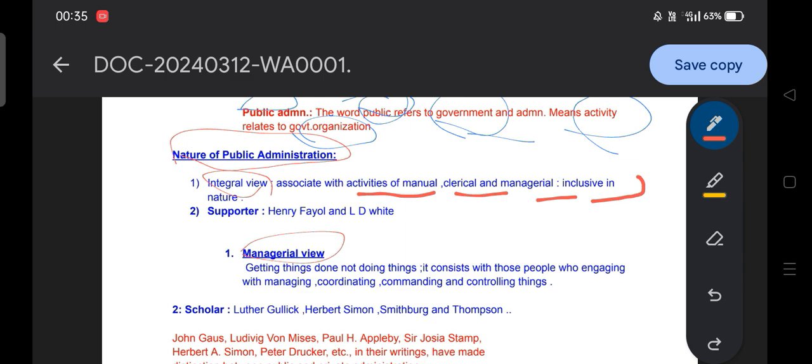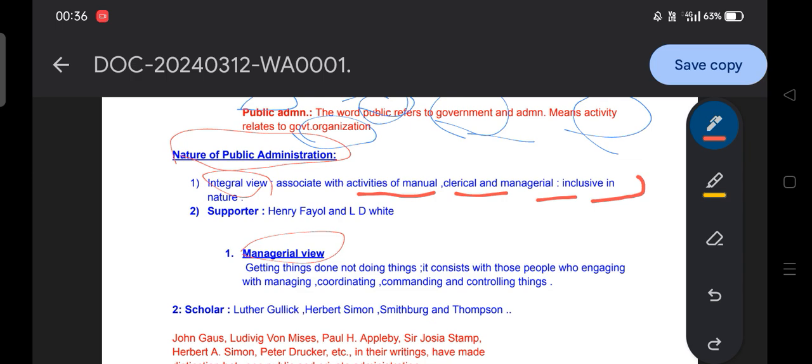An integral view of public administration believes that the manual, clerical and managerial work is important for achieving the goals of an administration. So it gives importance to all the workers, from the peon to the secretariat.